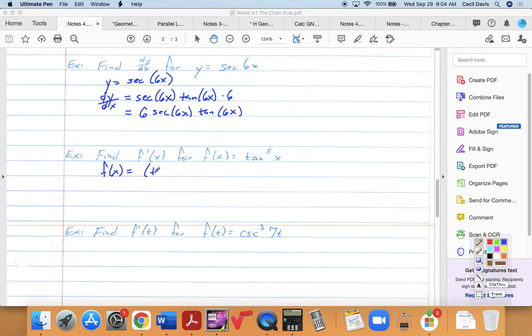It's tangent of x raised to the 5th power. I think you were already thinking that. So now we'll take the derivative, f prime of x, and that'll be 5 tangent of x to the 4th times the derivative of tangent of x, which is secant squared of x.